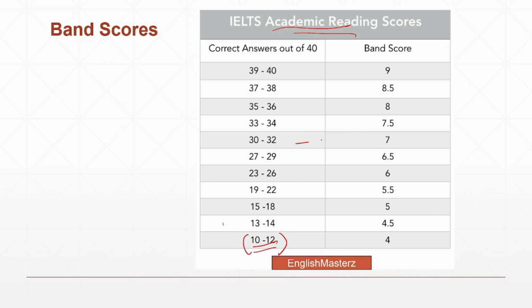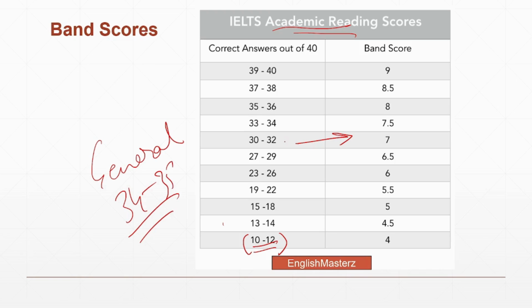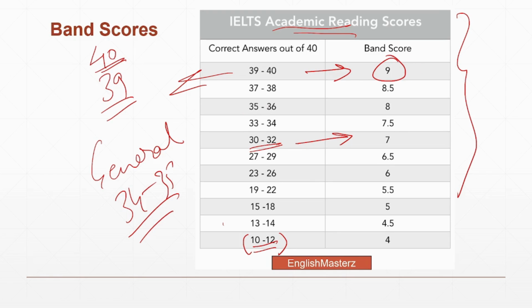Overall, in general it was 34 to 35 correct answers to get a 7, whereas here it is only 30 to 32 correct answers. In general, you had 39 correct answers for 8.5 bands and 40 correct answers for 9 bands. Here, 39 to 40 correct answers, both of them will get 9 bands.